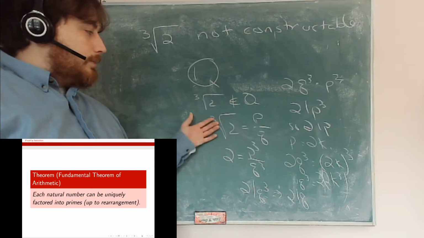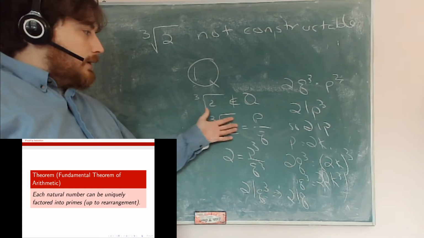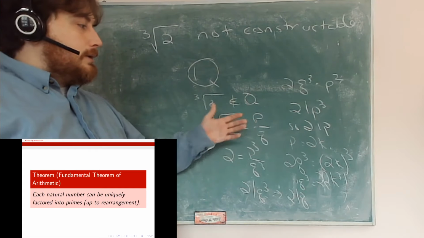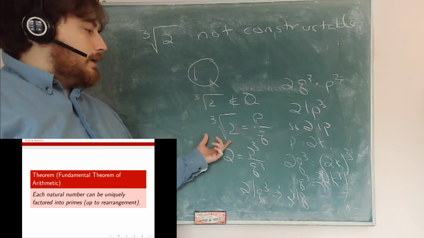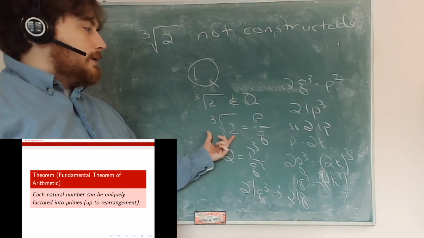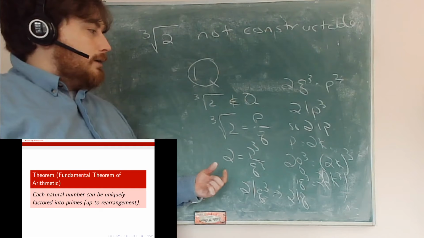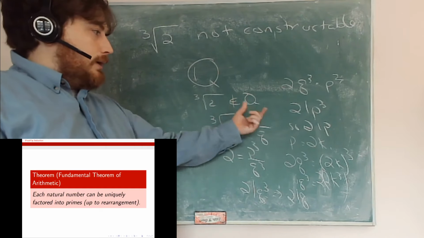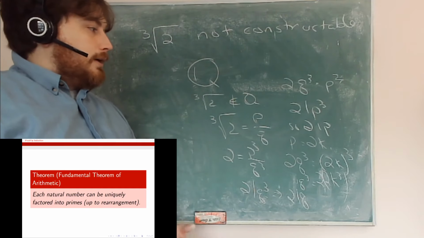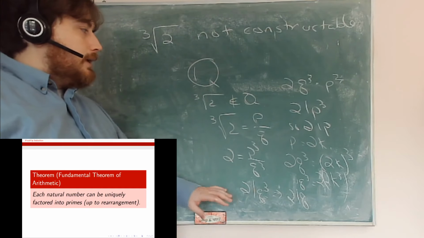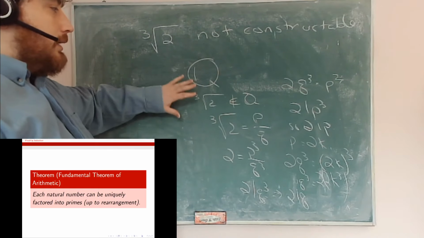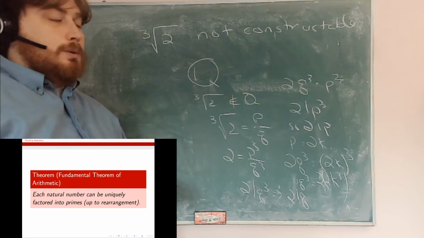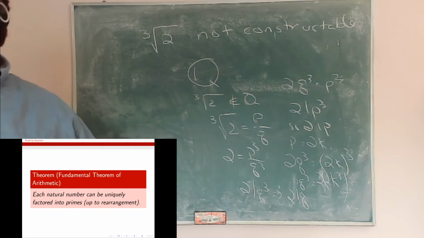So if both of these have to be even for this to be true, well, eventually I can simplify this until one of these terms is odd. So what we get here is a contradiction, because this is saying that we couldn't do that. We couldn't always get an odd and an even, but we know that we can always simplify till we get an odd and an even. So we get a contradiction to the fact that the cube root of 2 is rational, which implies then the cube root of 2 is irrational.